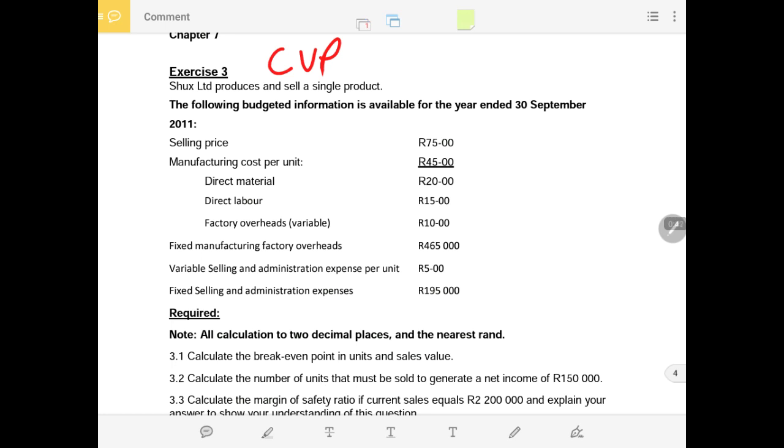Now it says Shux Ltd purchases and sells a single product, and we are provided with the information below, which is available by the end of September 2011, which is the year the information is provided for.